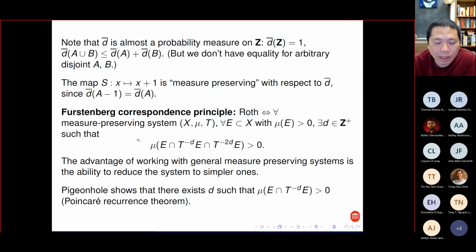If we look at the intersection of two sets, it's quite easy to show that we do have this for two. But if we insist on the intersection of three sets, then that's not trivial. I have a minute left.